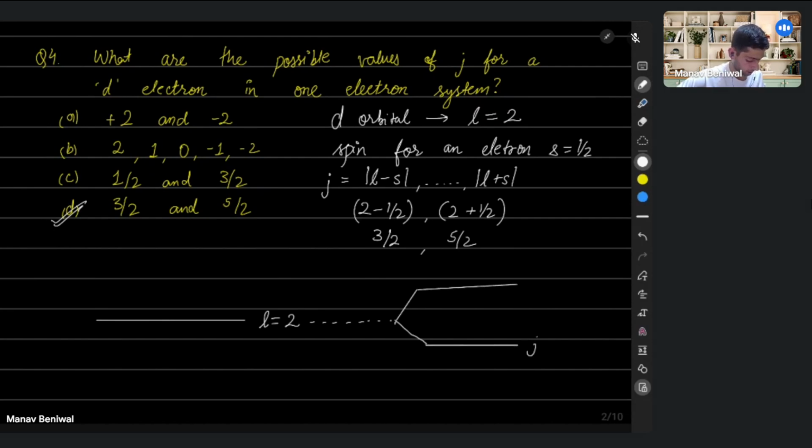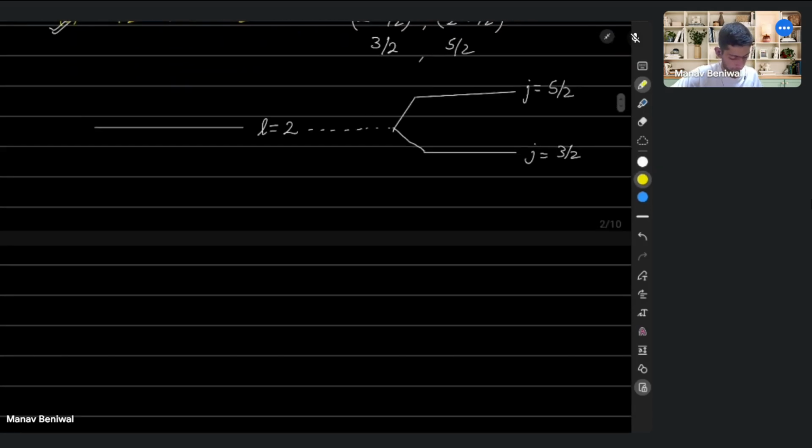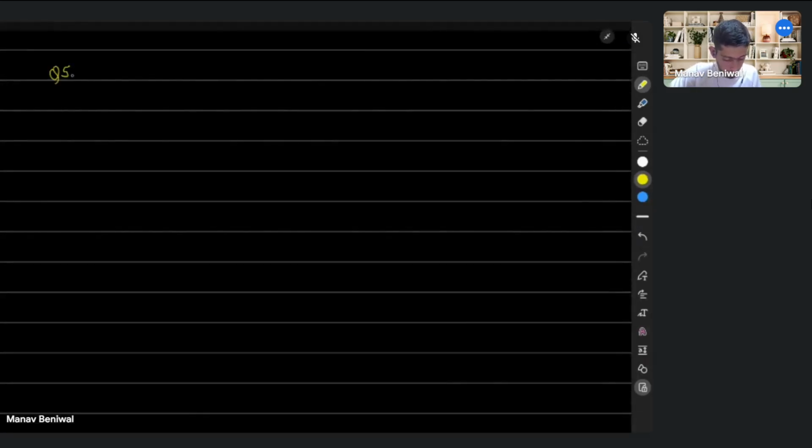This is j equals 3 by 2 and this is j equals 5 by 2. Okay, let's solve the next one. Fifth question.